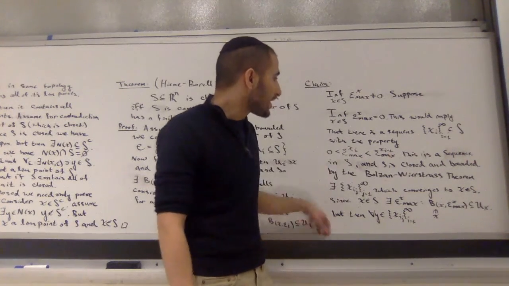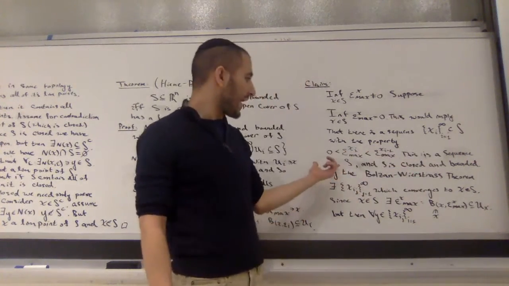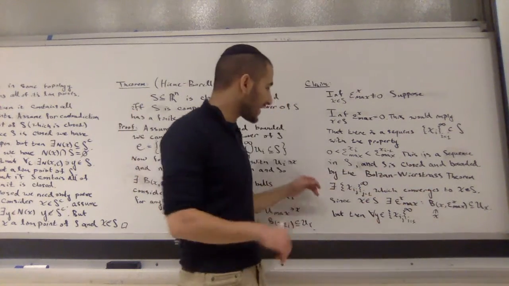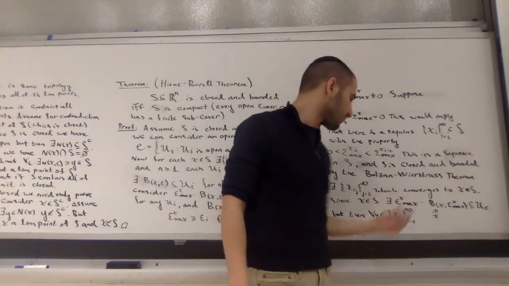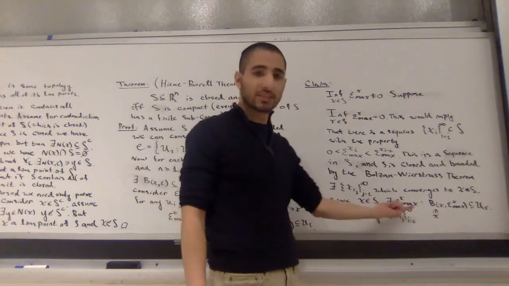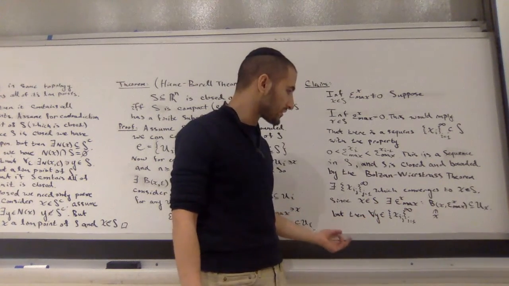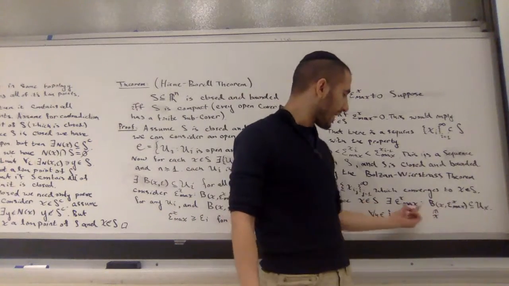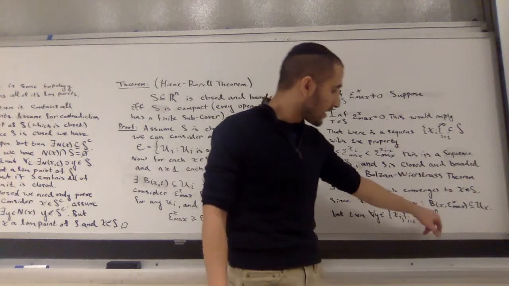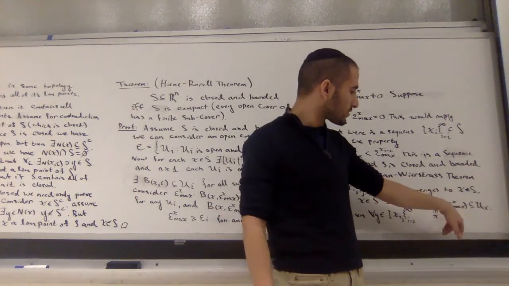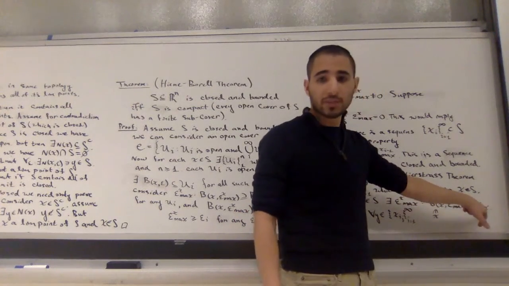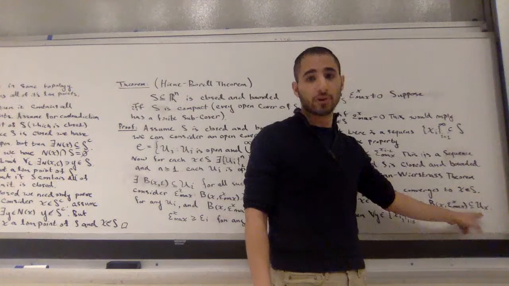Moreover, since this is a sequence in S, and S is closed and bounded, the Bolzano-Weierstrass theorem, which we proved earlier, states that there must be a subsequence which converges to a value x in that set itself. But since x is in that set, it must have its own maximum epsilon, which we already discussed, and that epsilon max satisfies the property that a ball centered at x of radius epsilon max x contains x and is a subset of some open set U_x in the covering.